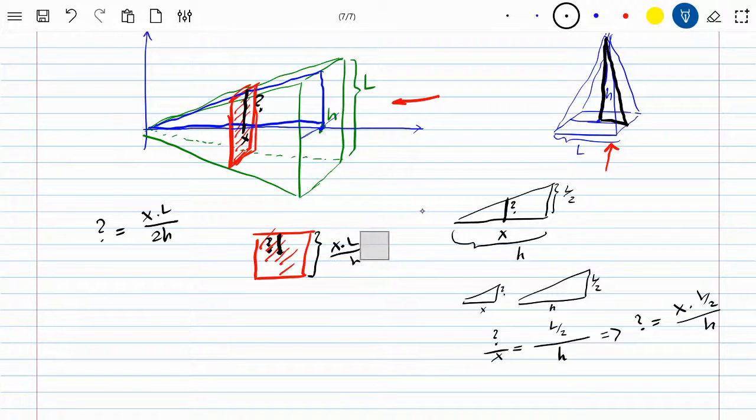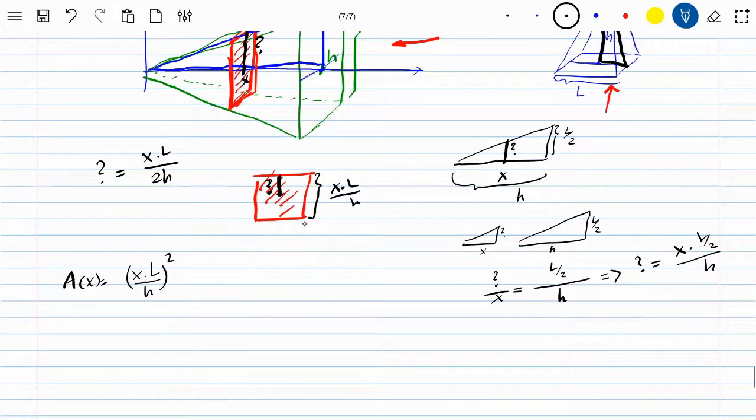If you multiply by 2, the 2's will cancel out. So the area of each square is x times L divided by h, squared. Length times width is the same in this case. You can rewrite this as L squared divided by h squared times x squared.